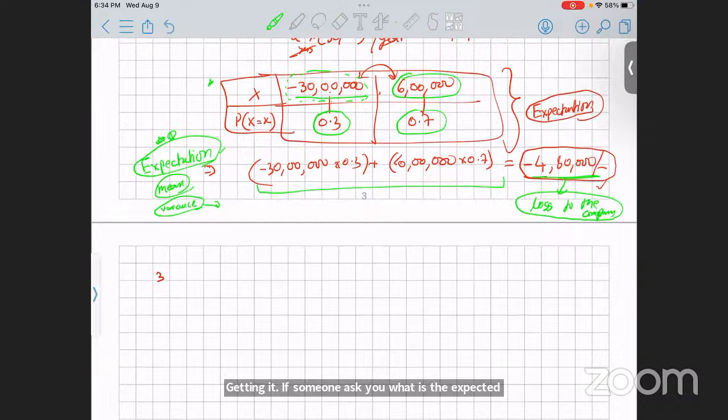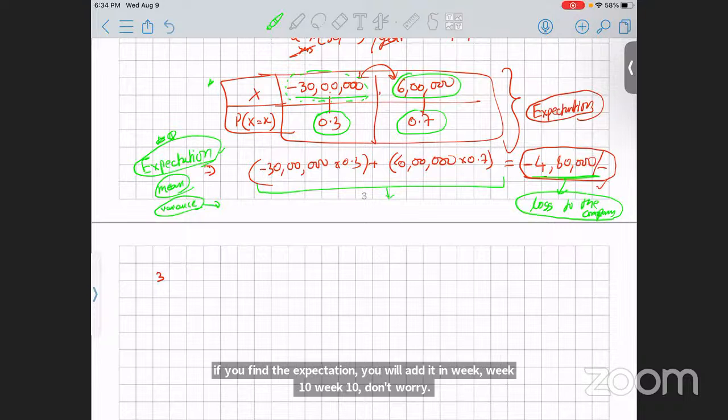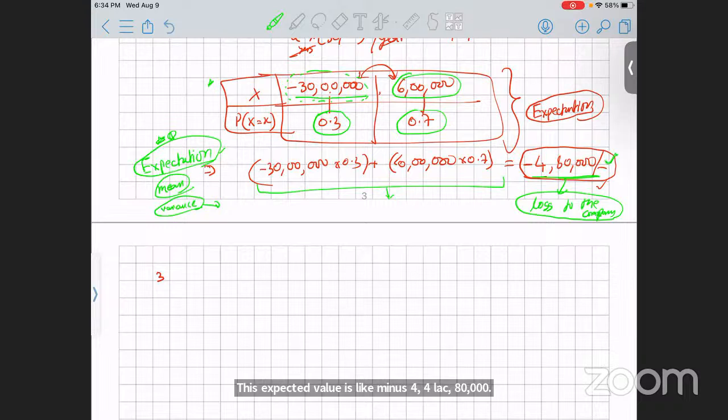You will learn it in week 9, week 10, don't worry. This expected value is minus 4,80,000. It means the company is losing 4,80,000, not with every client, but on average the company is losing 4,80,000. Okay.